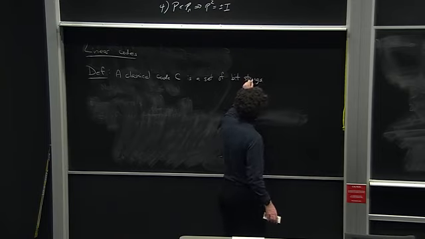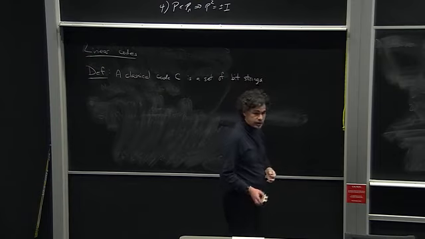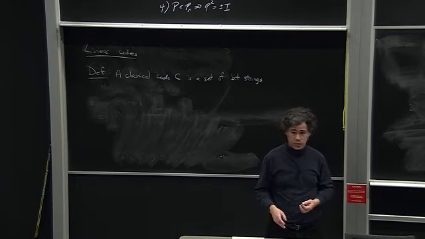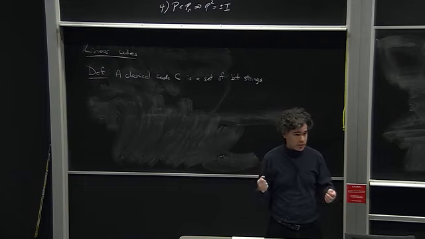Now, this is in much the same sense that a quantum error-correcting code is a subspace of the Hilbert space. So you don't just want any set of bit strings. You want a set of bit strings that has nice properties that make it a good error-correcting code.